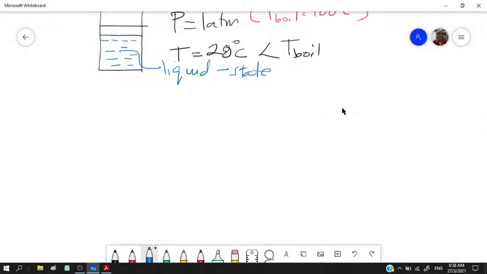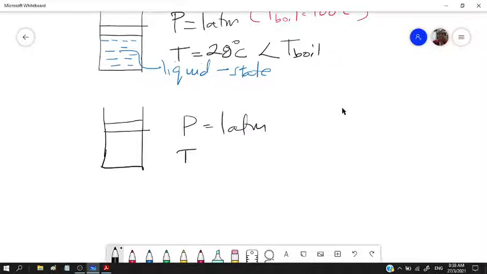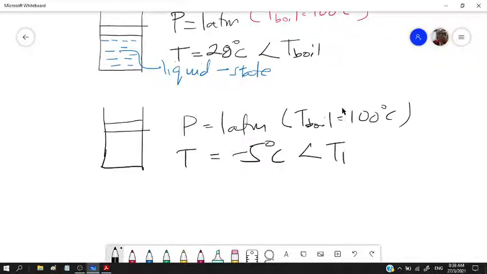And another example, let's say that we have the same thing, piston in the device. Let's say given the pressure is 1 atm and the temperature is equal to -5 degrees C. Again, the T-boil right here is equal to 100 degrees C, and this temperature is -5, very cold, and this is less than the T-boil.